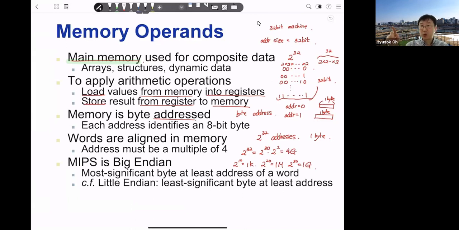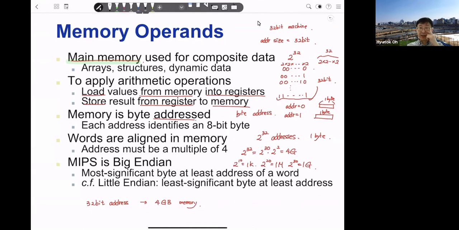For each address, 1 byte is mapped, so using a 32-bit address, we can access 4 gigabytes of memory, because for each address, 1 byte is mapped.